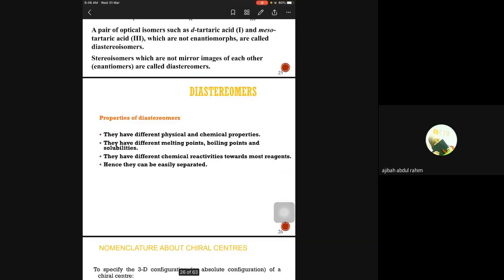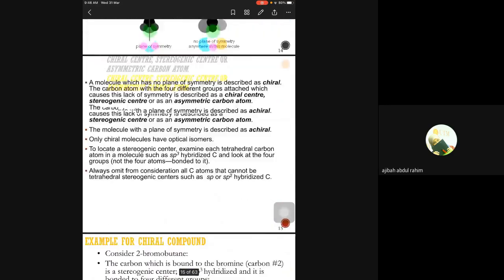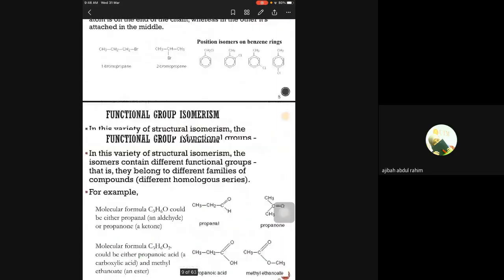Okay, so we have covered a few types of isomers. The first is the constitutional. Earlier, there are three types. Let's do a little bit of recap first. We have the chain isomerism.